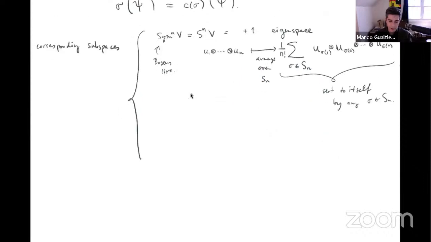This is where bosons live. And then the other one is called wedge NV. This is called the skew symmetric tensors.